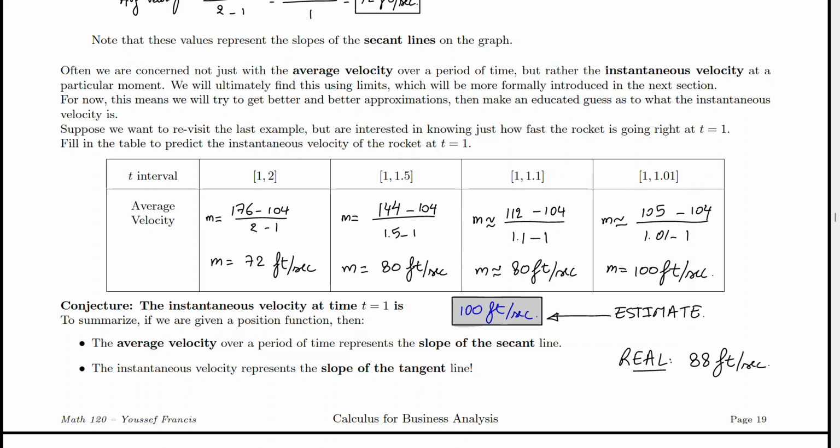It was supposed to be some kind of decimal. Same thing again with the 104, and that results in our answers being a little bit messed up. So the real number that we're going to basically eventually find is going to be 88 feet per second. And that's going to represent the actual speed when time is equal to 1. So it's not the slope of the secant lines, it's actually the slope of the tangent line.